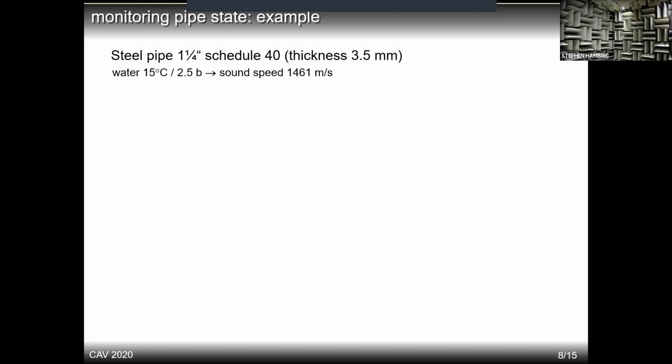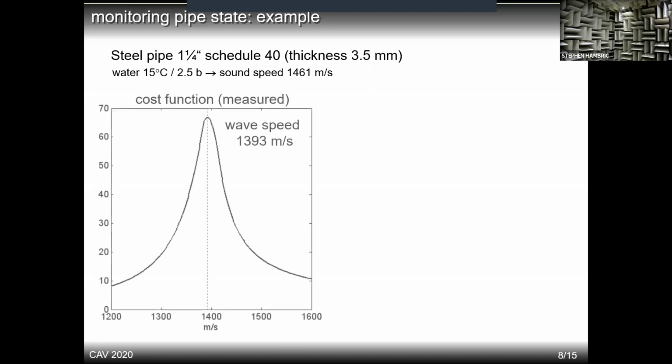We take here a steel pipe of 1.25 inch diameter and having the thickness of 3.5 millimeters, and we get from published information about the sound speed in water that at 15 degrees centigrade and 2.5 bar pressure, this sound speed is 1461 meters per second.